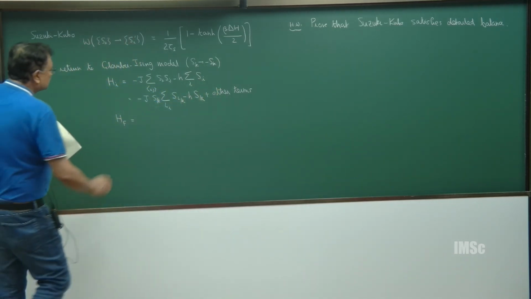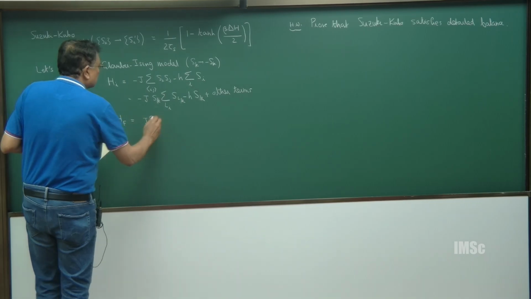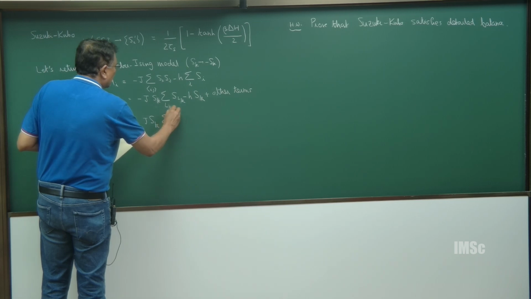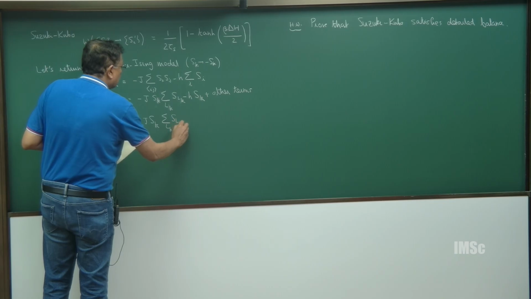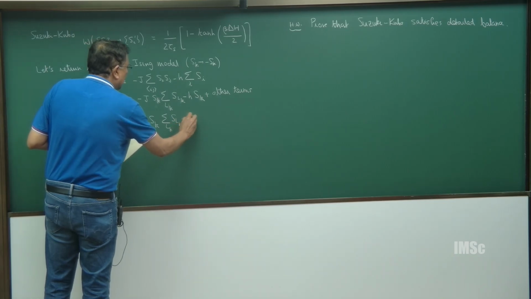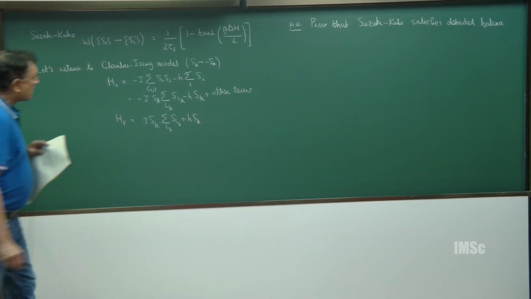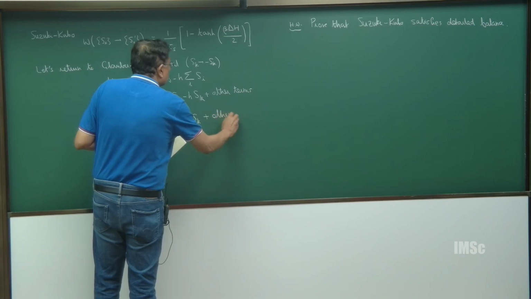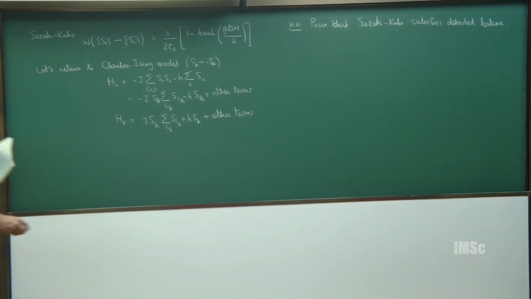In that case, this becomes J Sk sum over Lk of S_Lk, plus H Sk. So basically these terms pick up a minus sign and all other terms are unchanged, right. So it's fairly easy to calculate the energy difference.